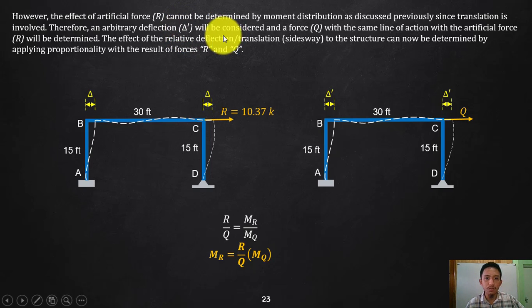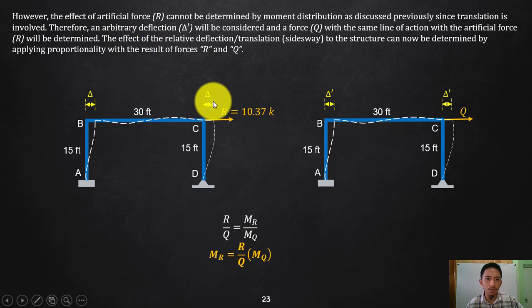We will consider that one, and you will solve the equivalent Q. So let's forget about R first, since you cannot use it with moment distribution to solve that delta effect. We will reverse the process, assume a value of whatever delta, and then solve for the equivalent force, which has the same line of action as your R. Then we will solve that Q, and later on we will determine the effect of that delta.